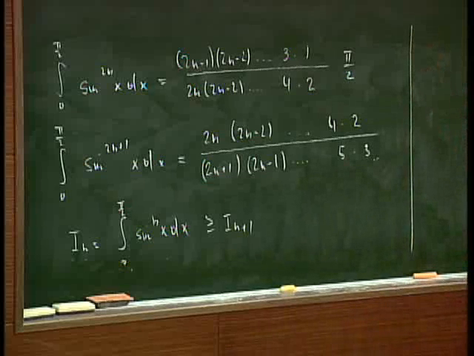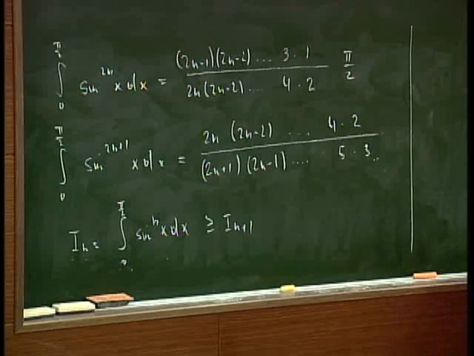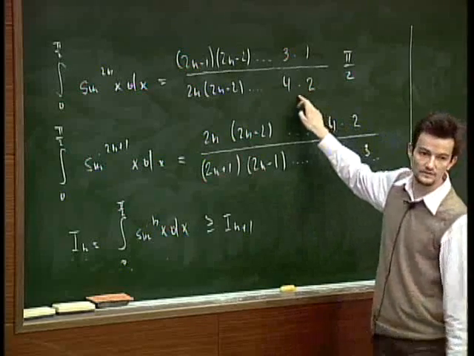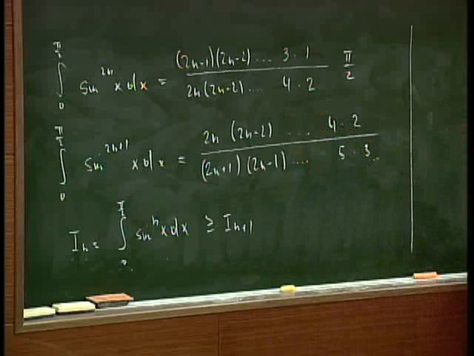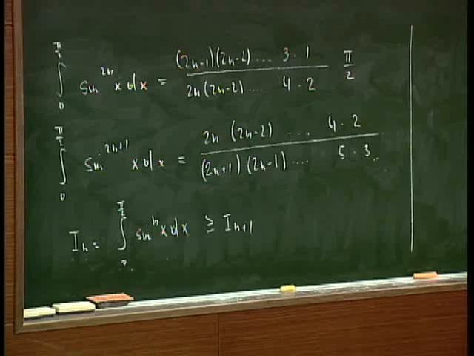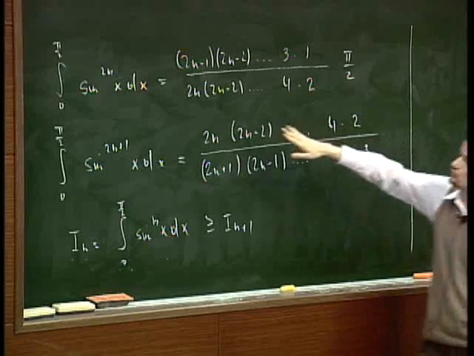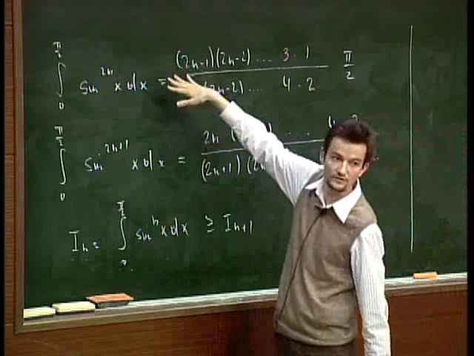Okay, now look at this. Something very pretty will come out from this. If you look at this expression here, you see that if you look at this number I_{2n+2}, it's almost the same as this one, but here you have two numbers more at the front.